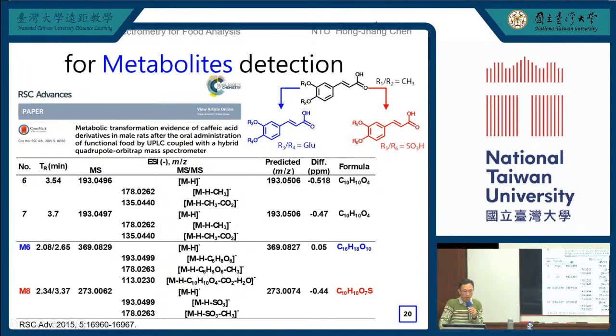And this one is just similar to the one we gave by oral gavage to the mice, right? 193. And then we can find, oh, it's a glucuronidation, or this one is sulfonation. Okay, so MS also could do the metabolite detection, just based on how you perform the MS technique.